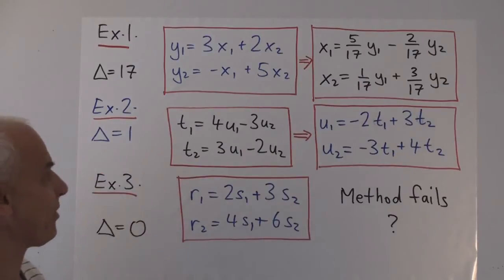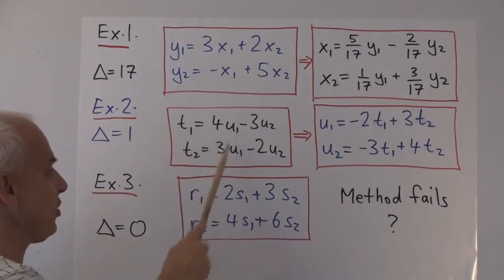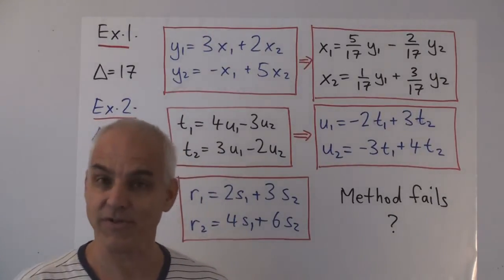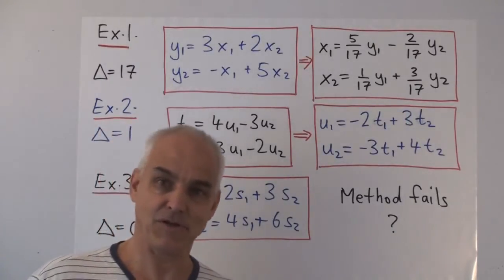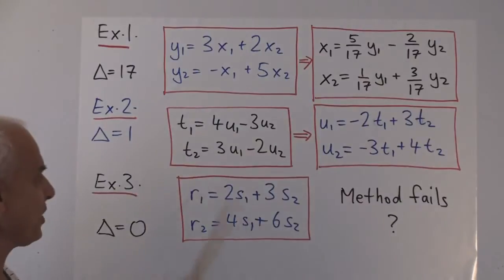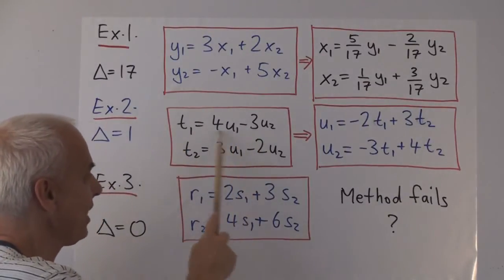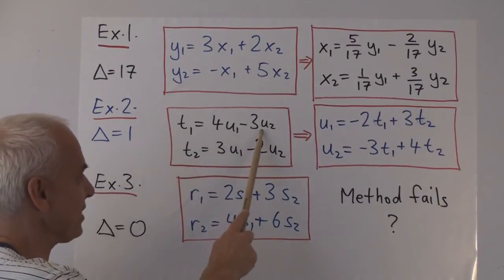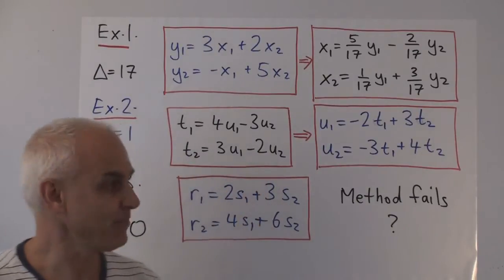In our second example, instead of y's and x's, we have t's and u's. We have to be prepared to be flexible and to use different coordinates or variables because many applications have different notation. So here we have t1 and t2 expressed in terms of u1 and u2. In terms of those equations, t1 is 4u1 minus 3u2, and t2 is 3u1 minus 2u2.